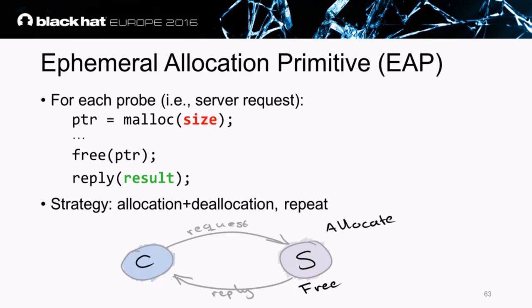It allocates some memory, but later it frees this memory, and then it replies with the result to the client. So the client sends a request to the server, the server allocates some memory, and then the server responds with the result to the client. And the client can infer what happened at the server.